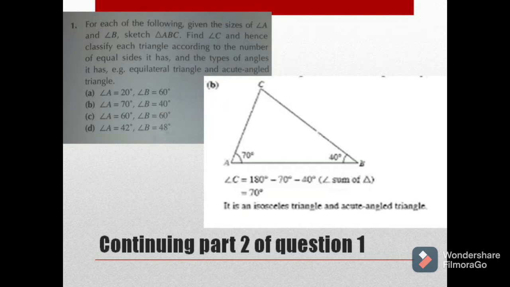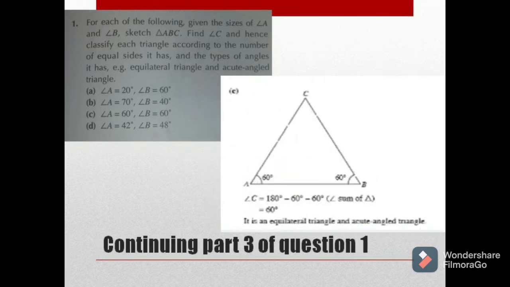By looking at the triangle carefully, I noticed that it is an isosceles triangle because two of its angles are the same. And secondly, it's an acute angled triangle because none of the angles is greater than or equal to 90 degrees. Now let's move towards part C.